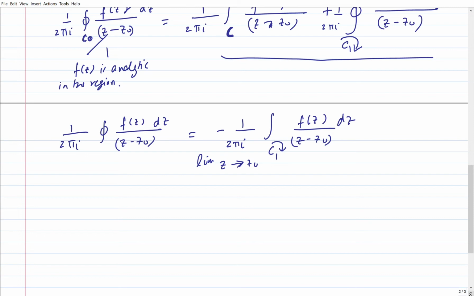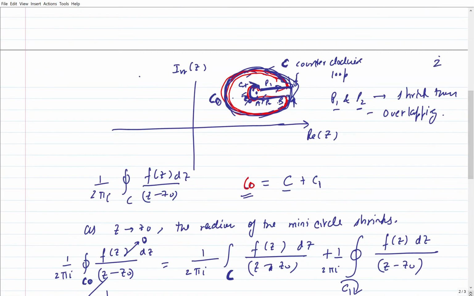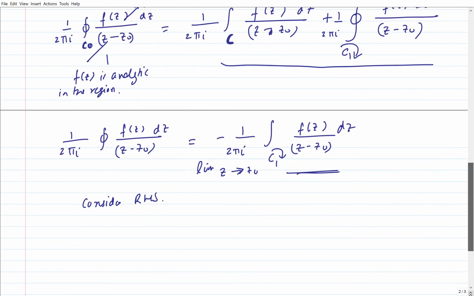Consider the RHS, which is 1 over 2 pi i, to 0.